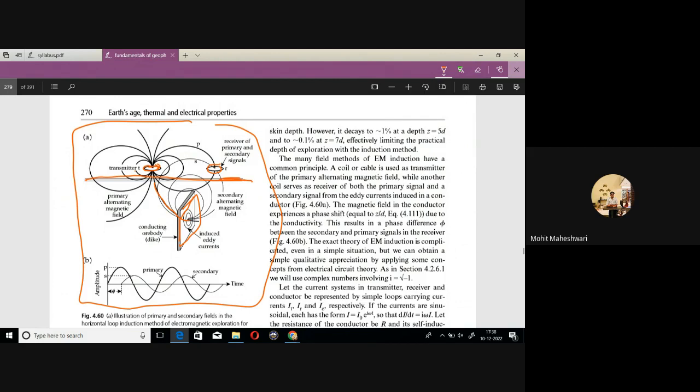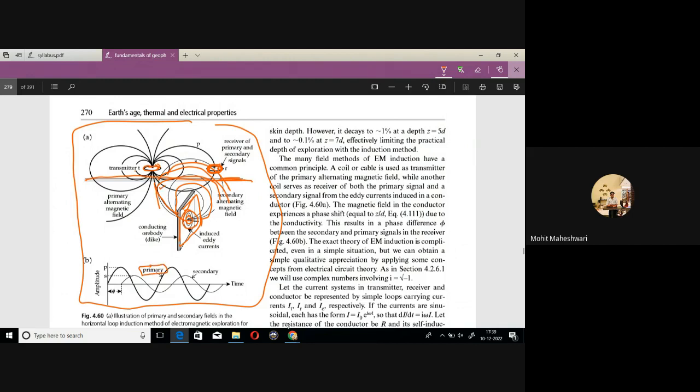And during this process, this will induce an eddy current. This eddy current will produce a changing magnetic field, which will be passing through the secondary coil, and this is the receiver. Okay, so basically there are two signals. One is the primary signal which is transmitted by the transmitter.